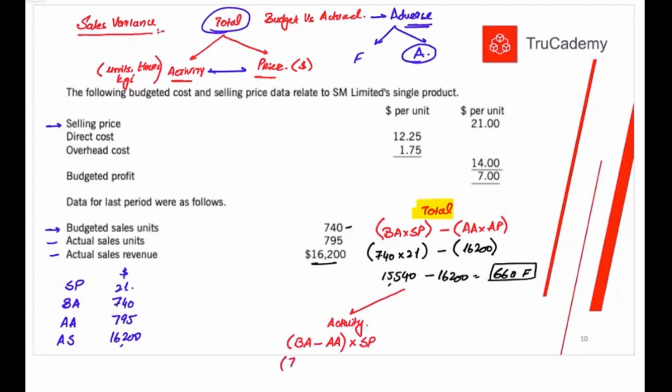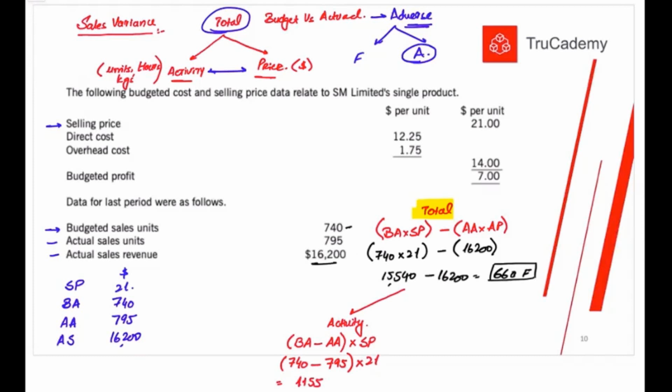Budgeted activity was 740. Actual activity is 795, which is higher than the budgeted. Into standard price of $21. So how much will be our activity variance? 740 minus 795 into 21. This will be 1155.